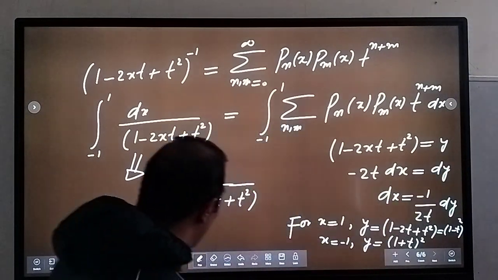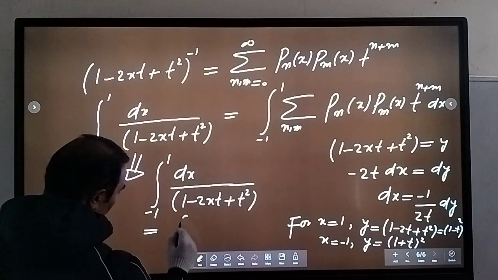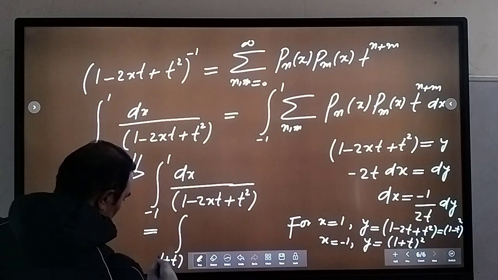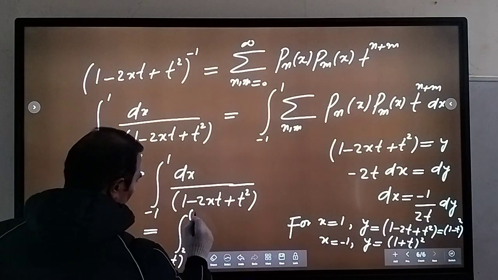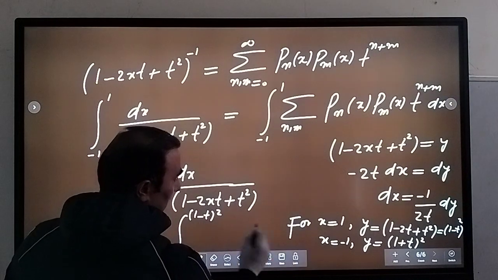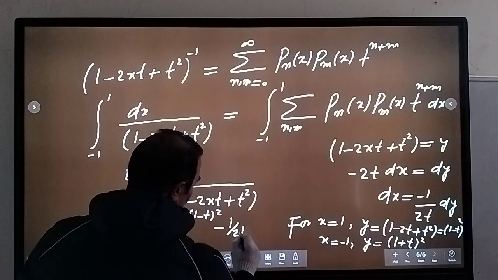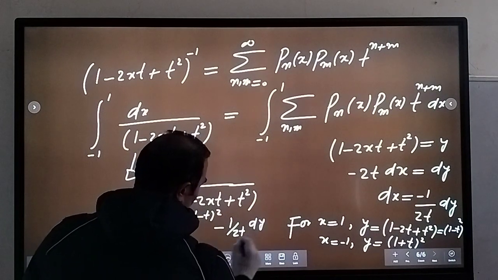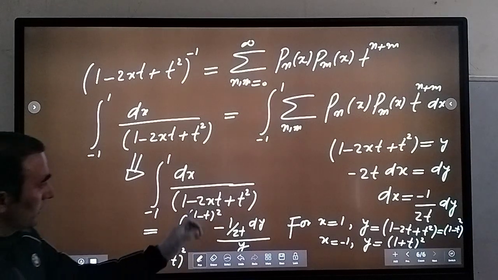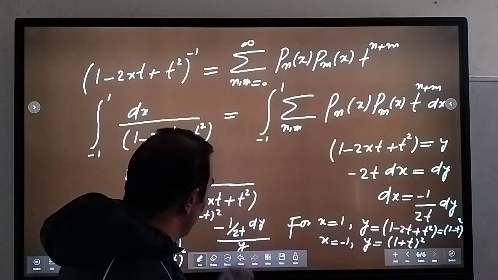And this integral will be equal to, so we can rewrite this as the limit from 1 plus t whole square to 1 minus t whole square, into dx, that is minus 1 by 2t dy, divided by y, right?